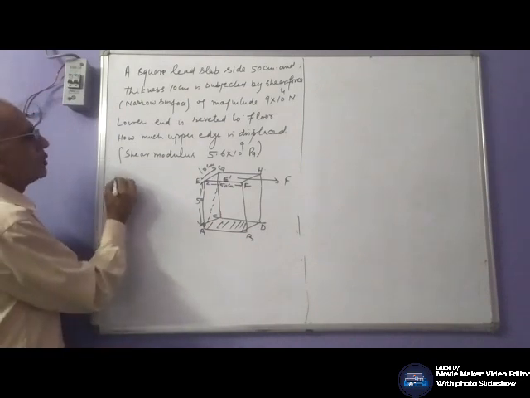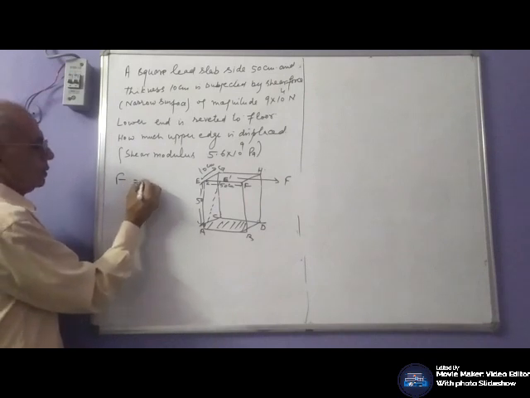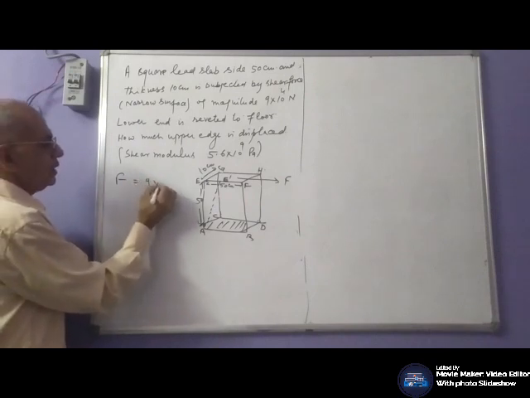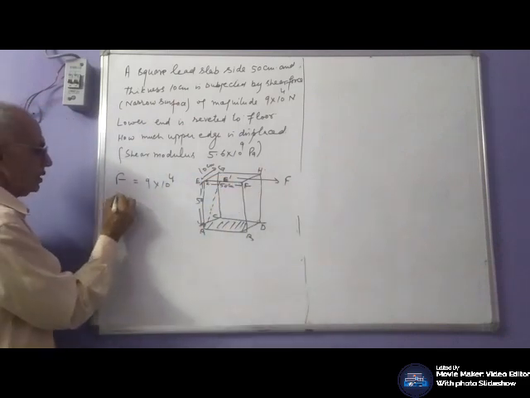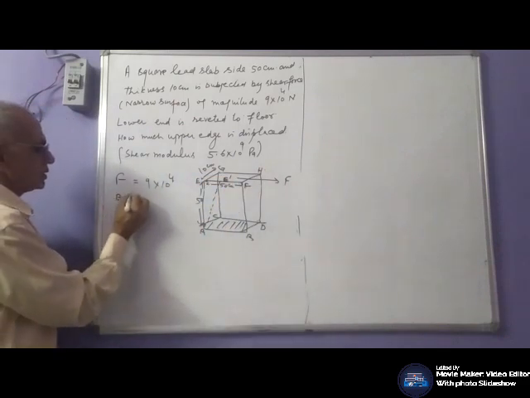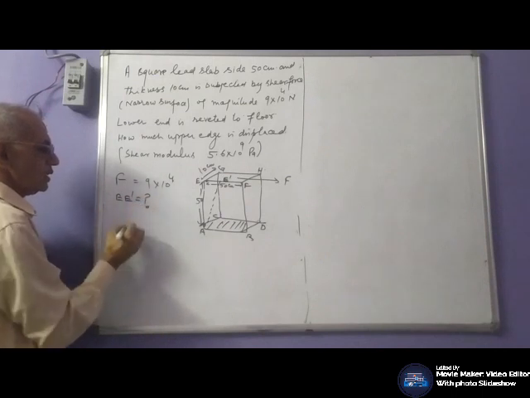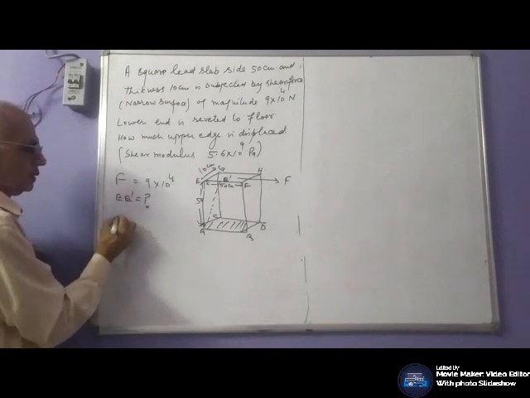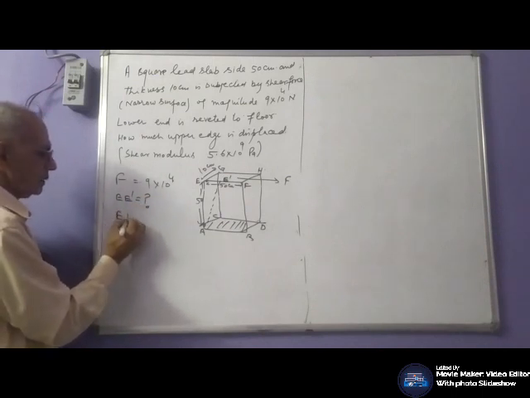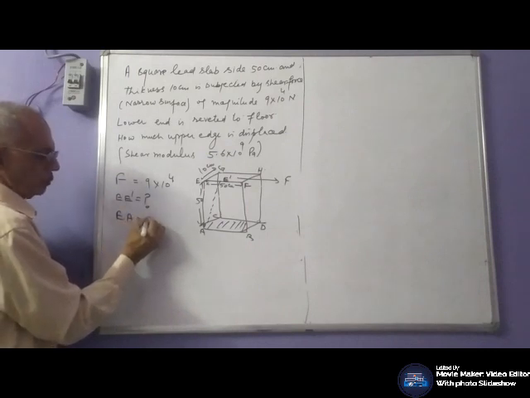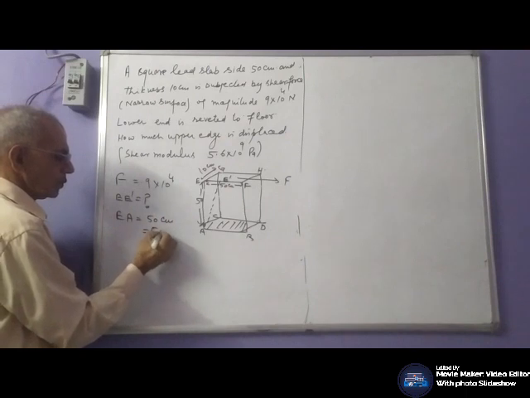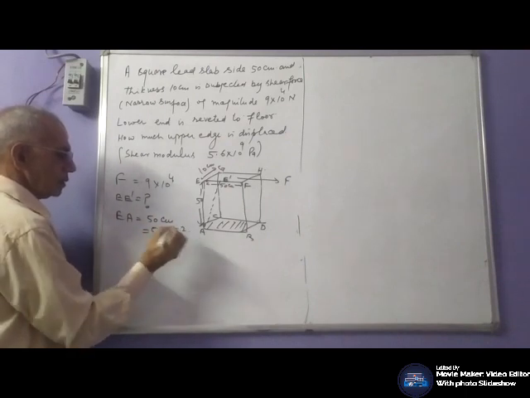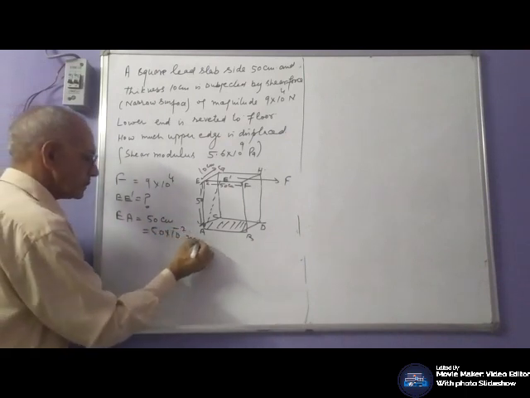So here F is 9 × 10^4 Newton. This is the force. How much E E dash is displaced, we have to find. EA is 50 centimeter, that is 0.5 meter.